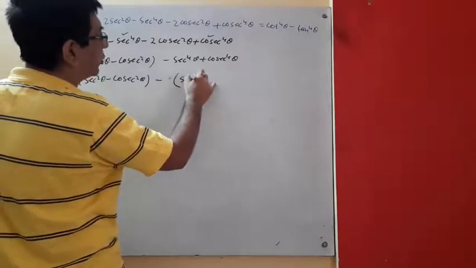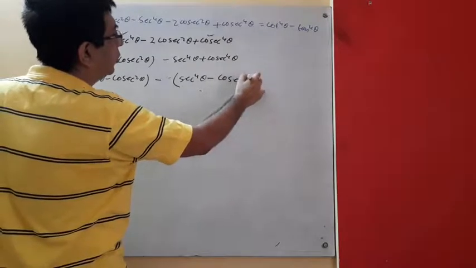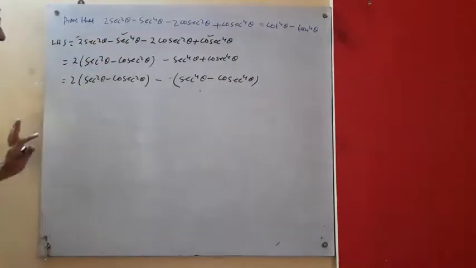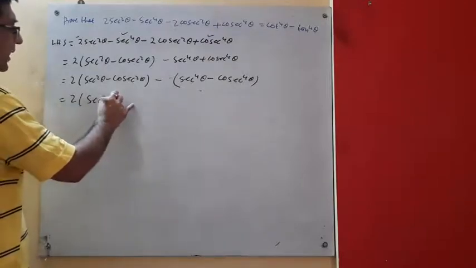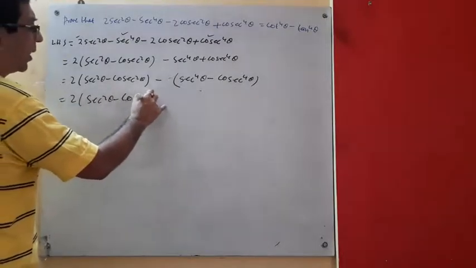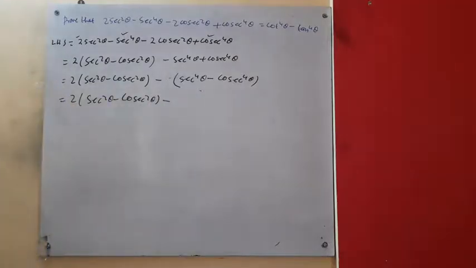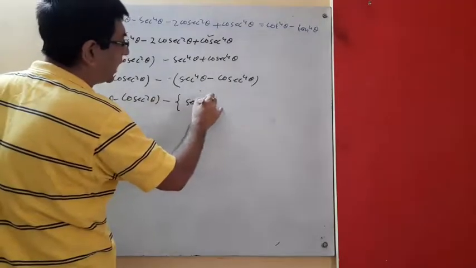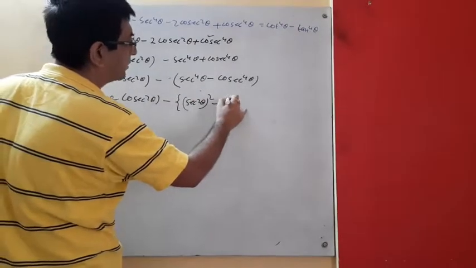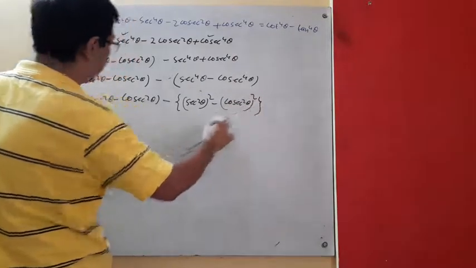So we get sec to the power 4 theta minus cosec to the power 4 theta. Yes, now there is a chance of taking common: sec square theta minus cosec square theta. Look, what can we write this as? This can be written as sec square theta whole square minus cosec square theta whole square, right?